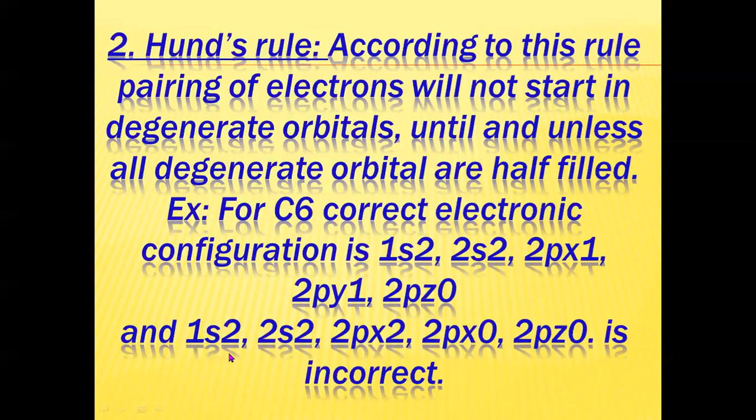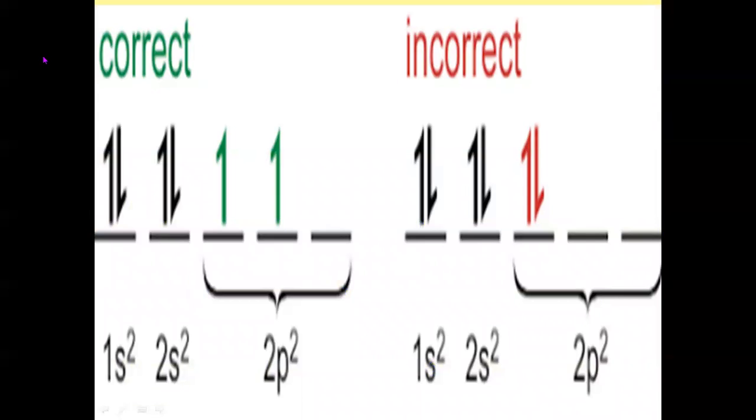But if we write 1s2, 2s2, 2p2 as 2px2 and 2py0 and 2pz0, it is wrong, because 2 electrons entered into 2px means it is paired. So it is incorrect. The same thing is shown in this figure. If you go through this figure carefully, how many electrons are there in total? 2 plus 2 plus 2 is 6. Again, it is the carbon atom.